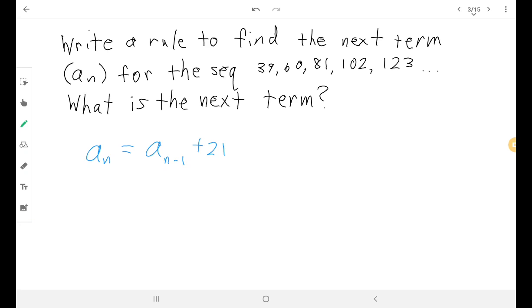And so if I look at that, if you count how many we've got here, 1, 2, 3, 4, 5.